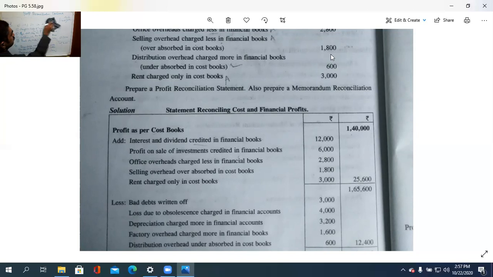Then 3,200. Then factory overheads charged more in financial books.